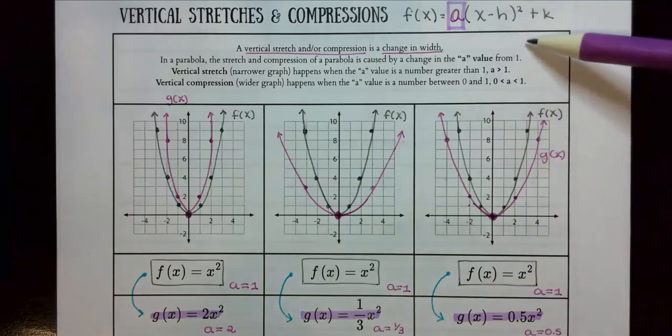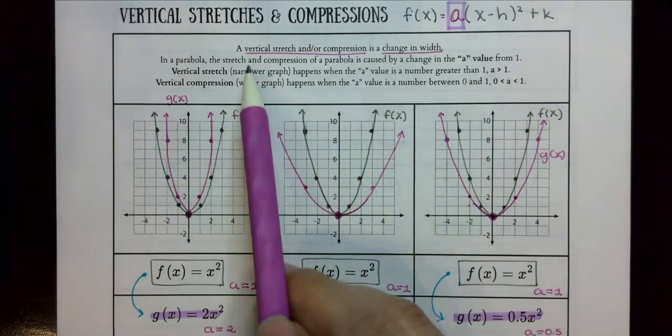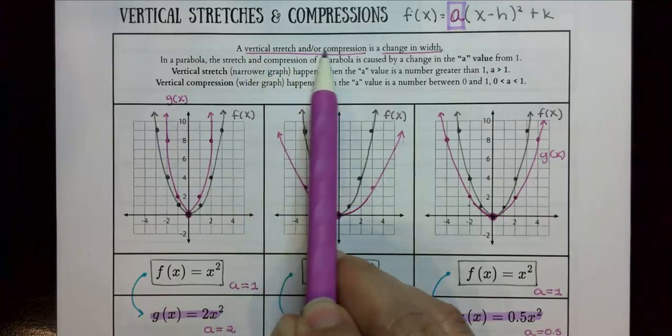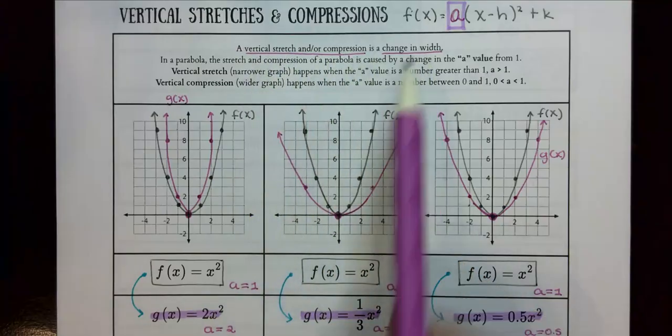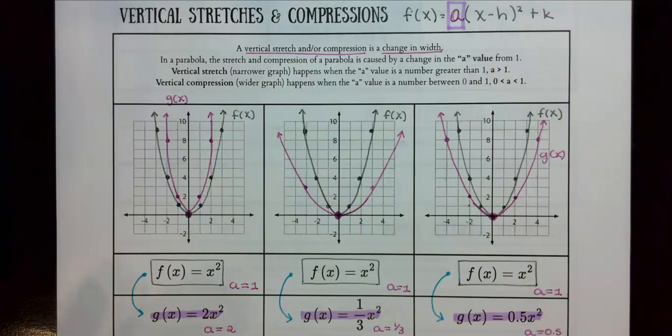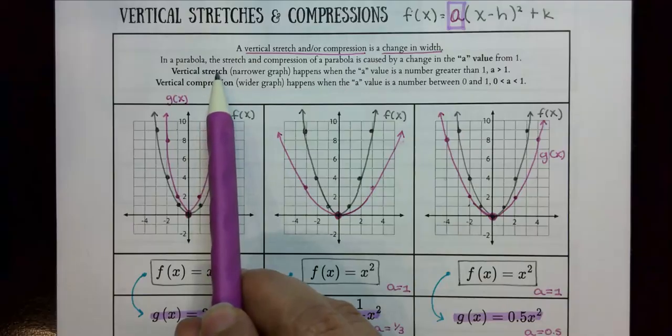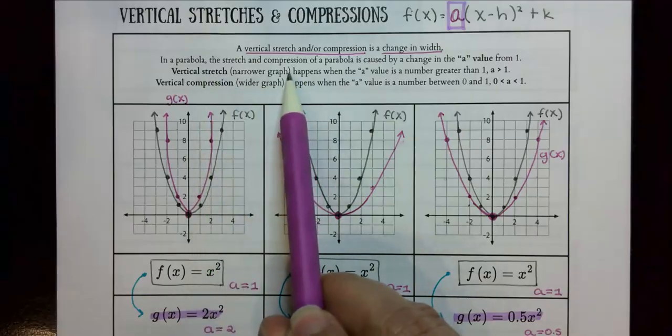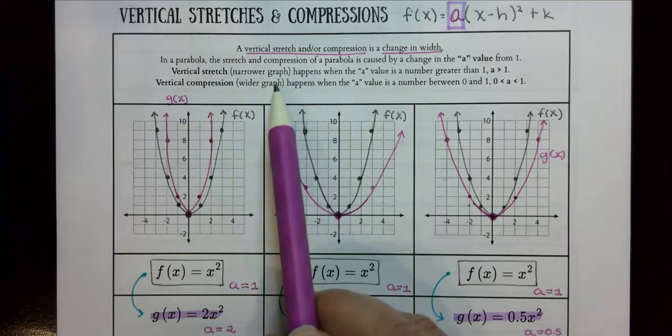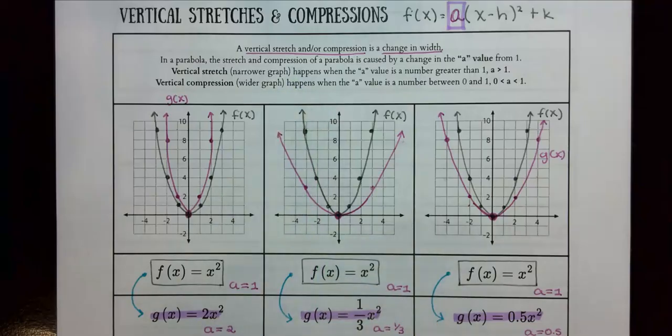So I'm going to look at the section right here. It says a vertical stretch and/or compression is a change in width. That is going to change our graph to either something wider or something thinner or narrower compared to the parent function. If you keep on reading, the difference between a stretch and a compression is whether it gets narrower or wider than the parent function.